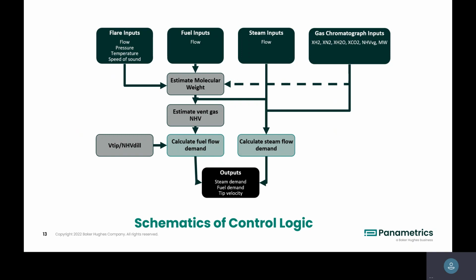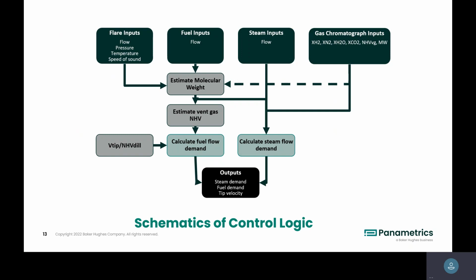Based on all those flows, your fuel flow, steam, and flare flow, you can calculate the heating value of the combustion zone. Based on your limit, whether 270 or 300, whatever number you set, you can calculate how much fuel you need to satisfy the requirement.